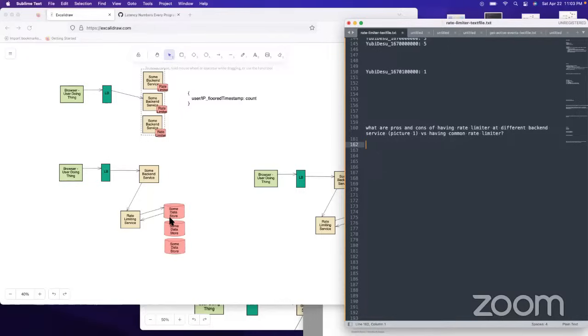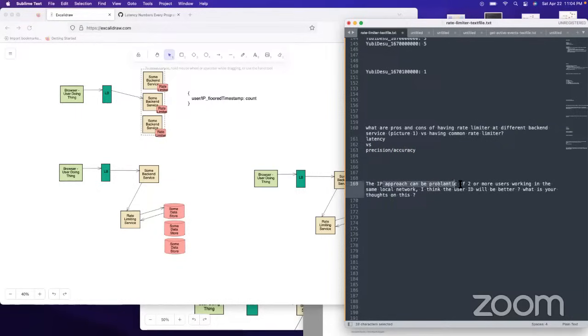I think the primary trade-off is latency versus precision and accuracy. If anyone has any more input, feel free to share in the live chat or in the comments below, but I'm pretty sure it's just latency versus precision and accuracy.